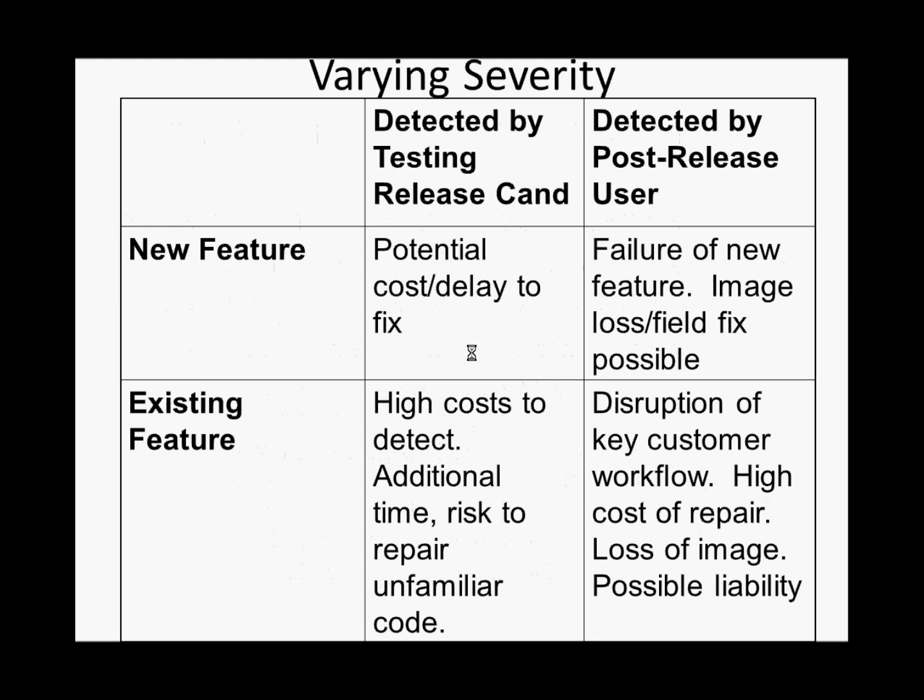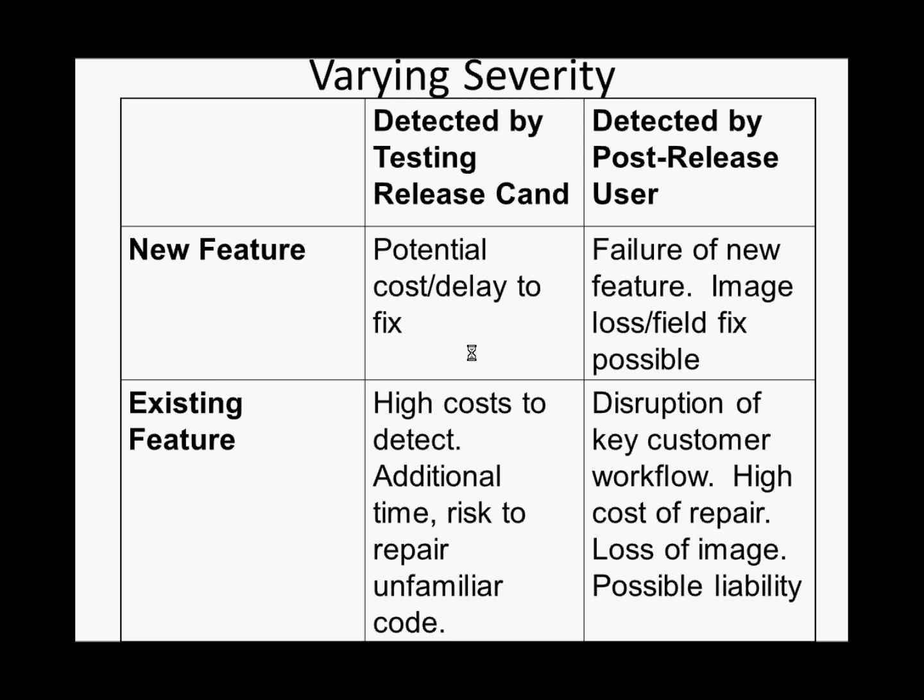Worst case, if it's detected by a post-release user, if your website has gone live, or this system you shipped as code to a client for consulting, and they've rolled it out across their company, it's disastrous because they may be using a workflow which depends on this feature, this ability to use the software in a certain way, and now they can no longer use that functionality.